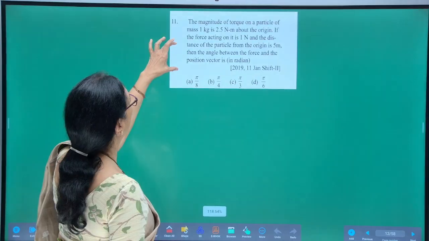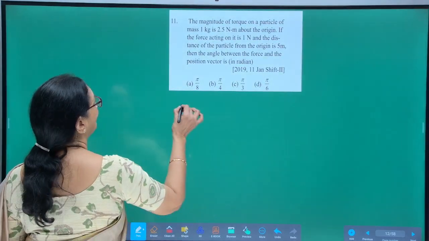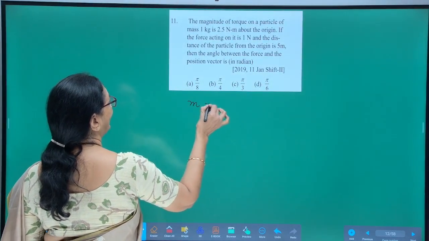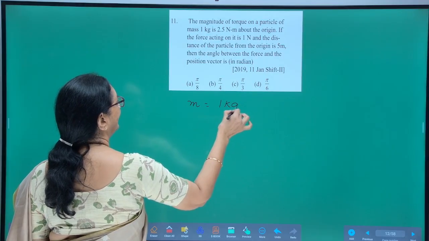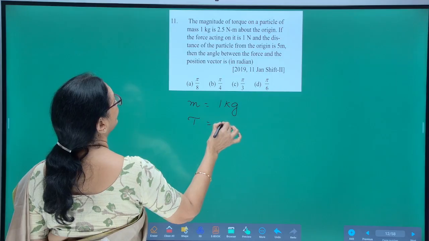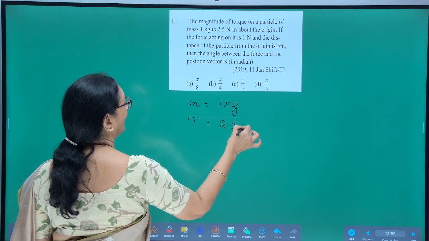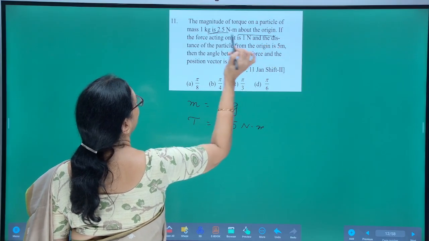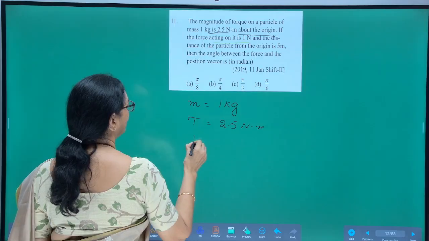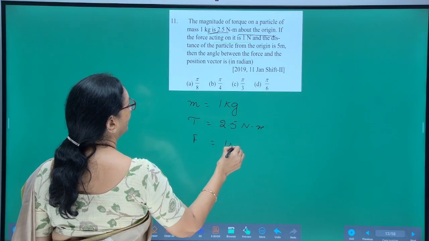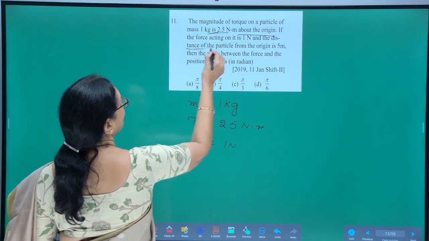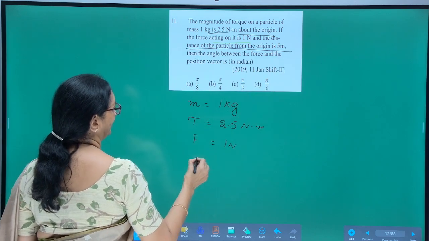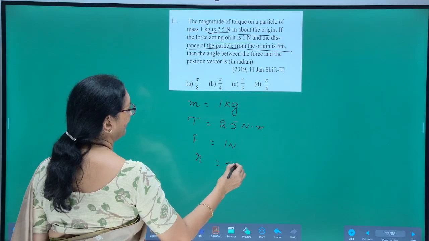The magnitude of torque on a particle: the mass of the particle is given as 1 kg and the magnitude of the torque is given as 2.5 Newton meter about the origin. Force acting on it, F, is equal to 1 Newton and the distance of the particle from the origin, R, is equal to 5 meters.